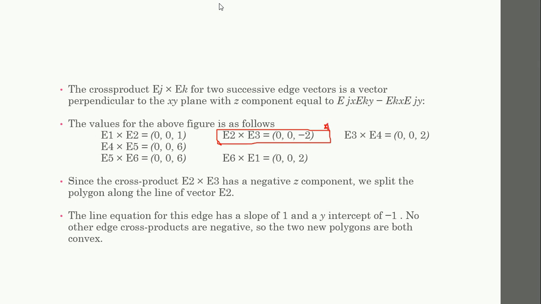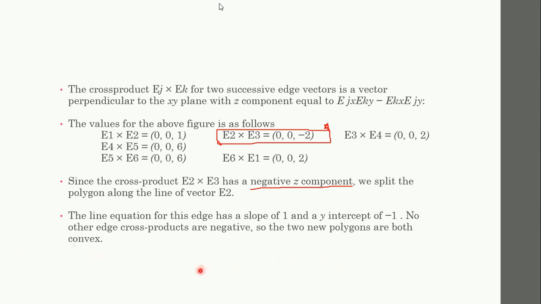Since the cross product of E2 cross E3 yielded a negative Z component, we split the polygon along the line vector E2. The line equation for this edge has a slope of 1 and y intercept of -1. No other edge cross products are negative, so the two polygons are both convex.